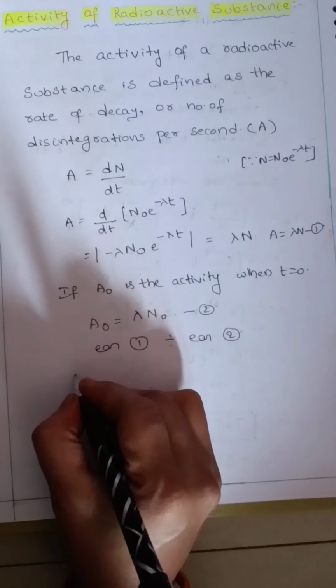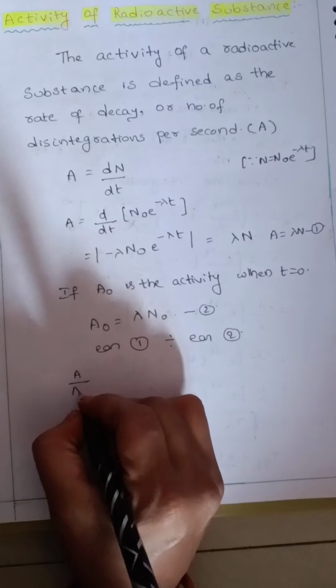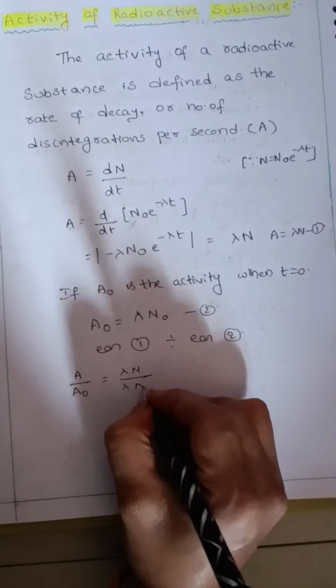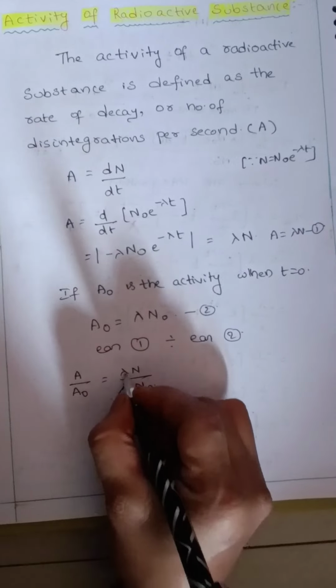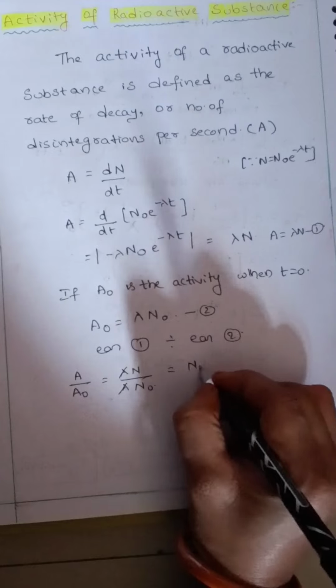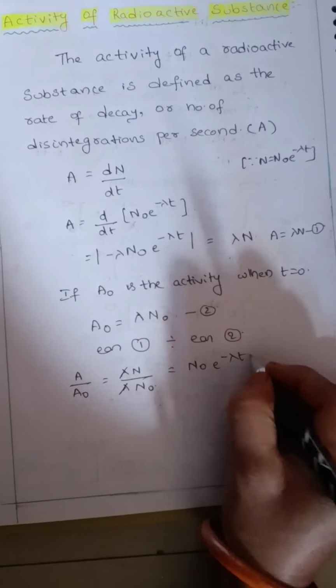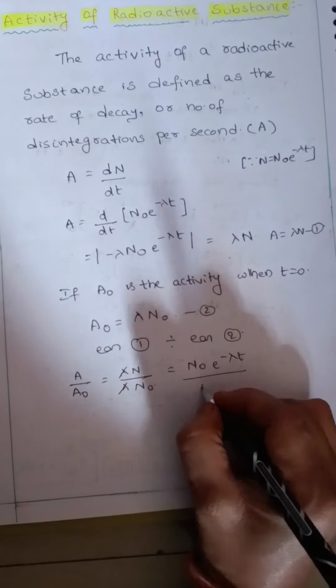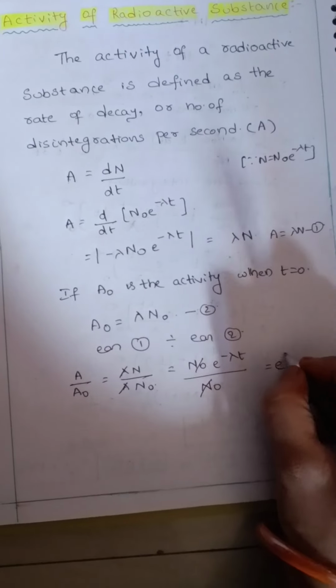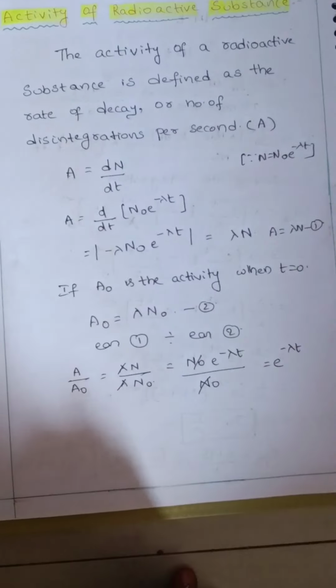So we get A by A naught is equal to lambda N by lambda N naught. Lambda gets cancelled. N is N naught e power minus lambda t, and here it is N naught, so N naught gets cancelled. What we get is e power minus lambda t.